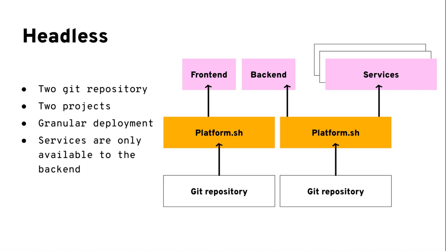This approach provides a more granular deployment strategy and potentially a better approach to scaling, meaning that you can use smaller plans to start and only scale for the application that needs it. In this scenario, the services are then only available to the backend. Keep that in mind if, for instance, they need to share a Redis instance.